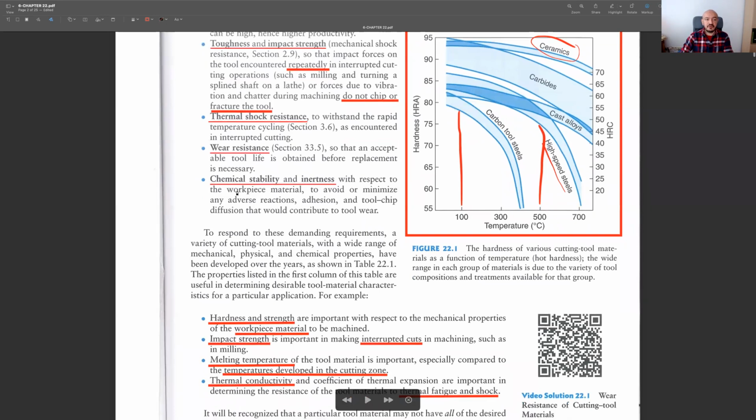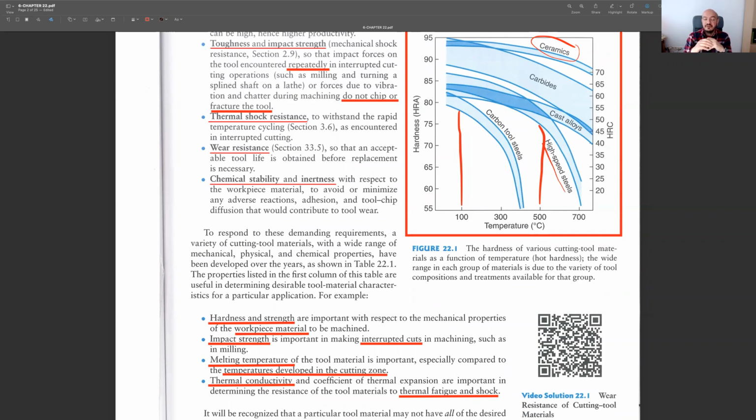Then the last property we want our cutting tool material to possess is chemical stability, and inertness is another highly important one, since during chip generation, if you have some chemical affinity with the cutting tool material, then these chips may go onto the rake face or even the flank face of the cutting tool material.